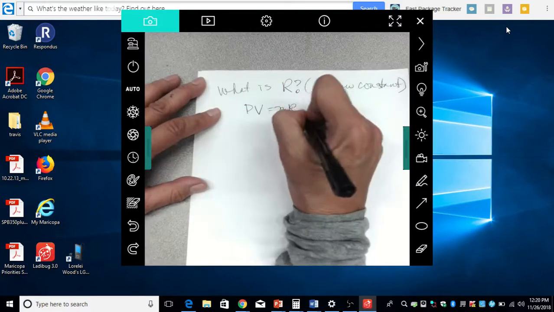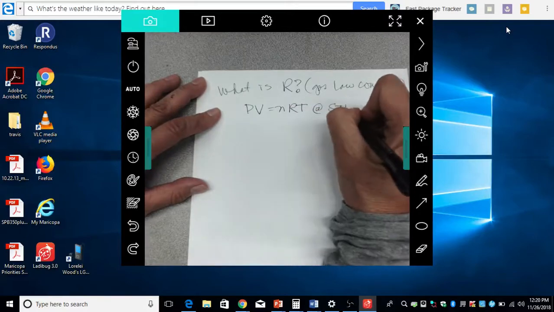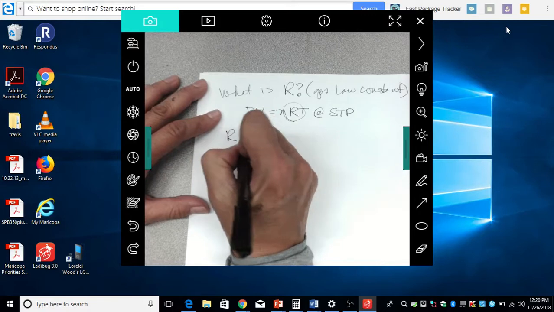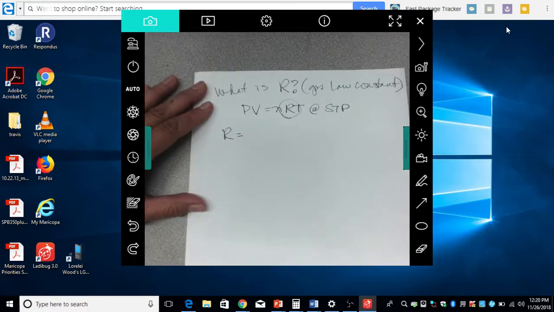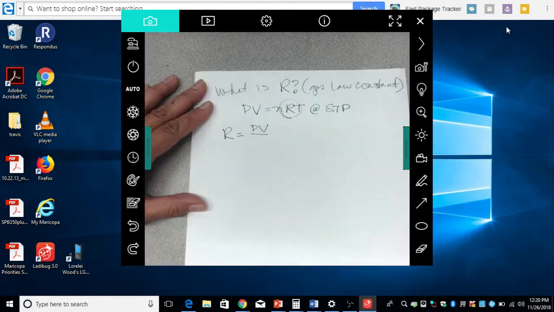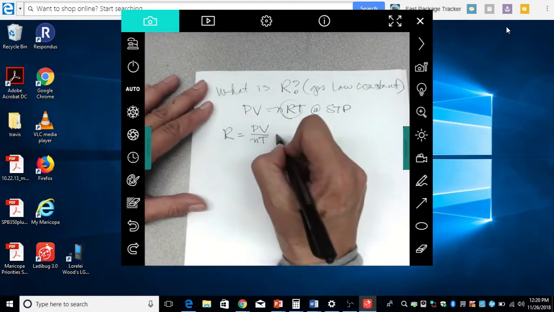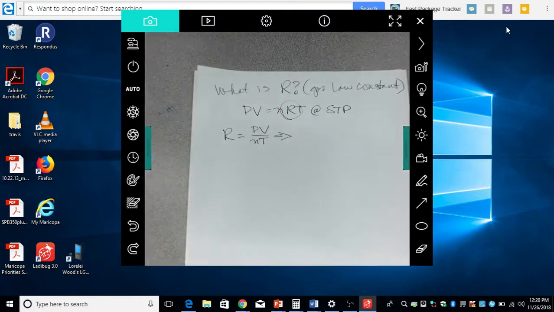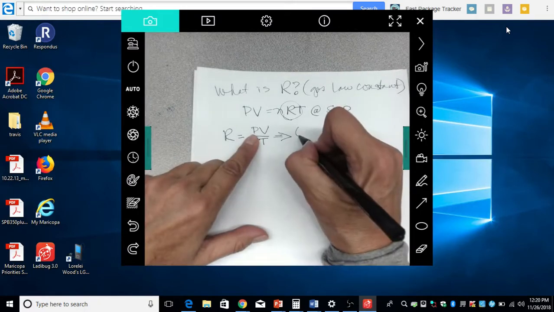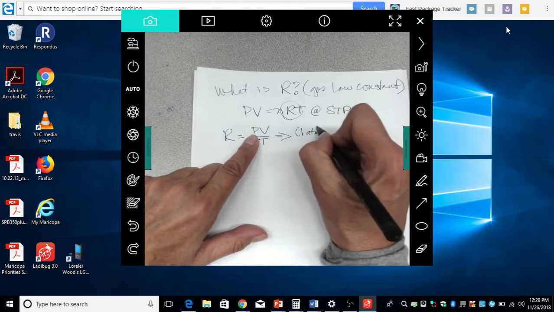And it's based on this idea of PV = nRT at STP. All right, so if we want to solve for R algebraically, if I want to solve for R, what would I do? PV over nT. All right, if I plugged in all the conditions that are standard, right? What's standard pressure? 1 atm.